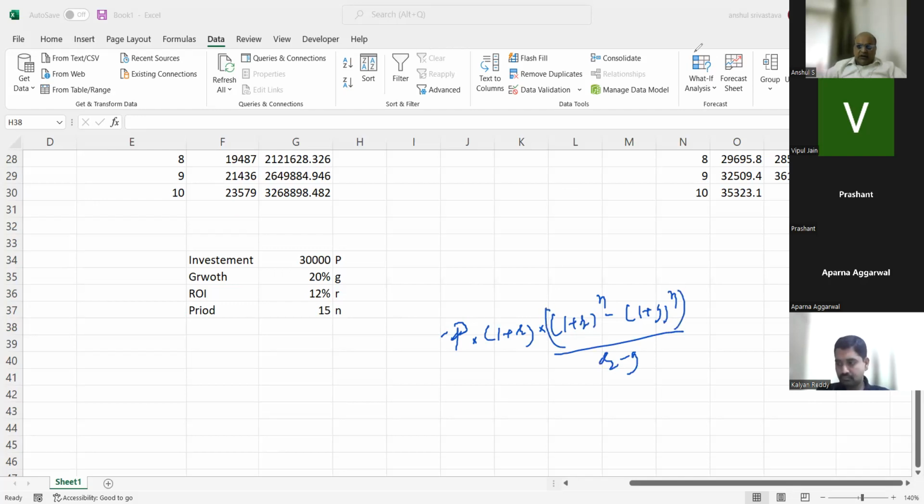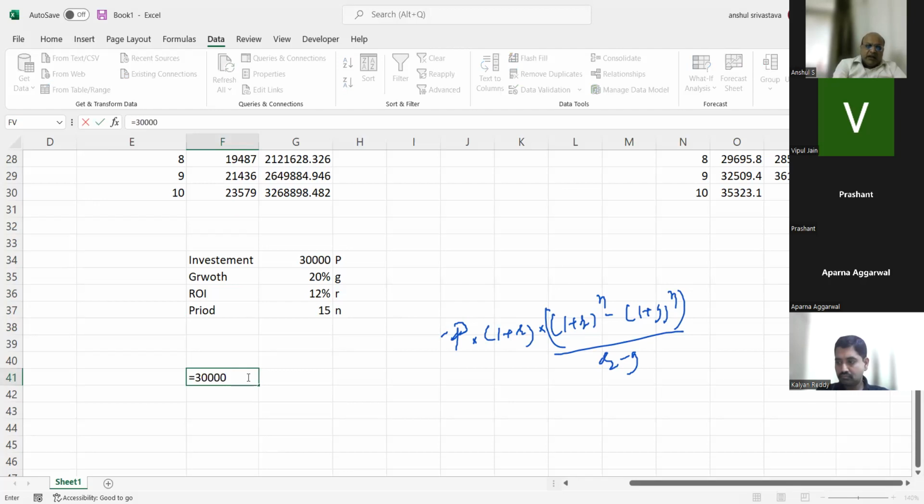This is the formula I told you, no? If we apply this formula here, we get P, which is 30,000, into bracket open, first 1 plus R, which is 12%, my mistake, R is not 15%, it is 12%. 1 plus 12% to the power 15 minus 1 plus G, 1 plus 20% to the power 15, bracket close, divided by 12% minus 20%.